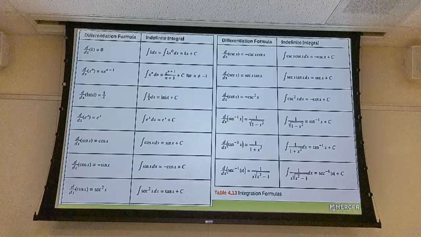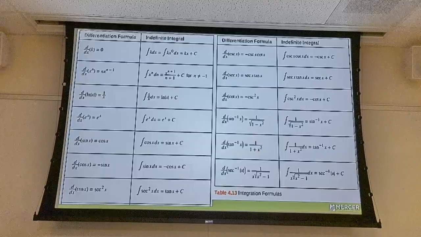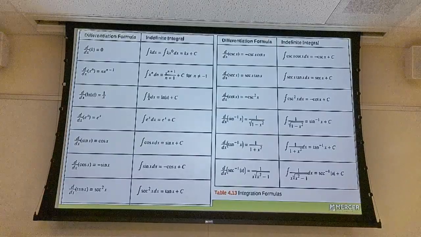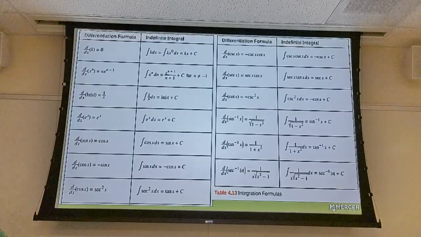So you add 1 to the power and divide by that new power. The integral of 1 over x is the log of the absolute value of x. That is very commonly forgotten, the absolute value. I'm not going to go through all of them, but you get the general idea.